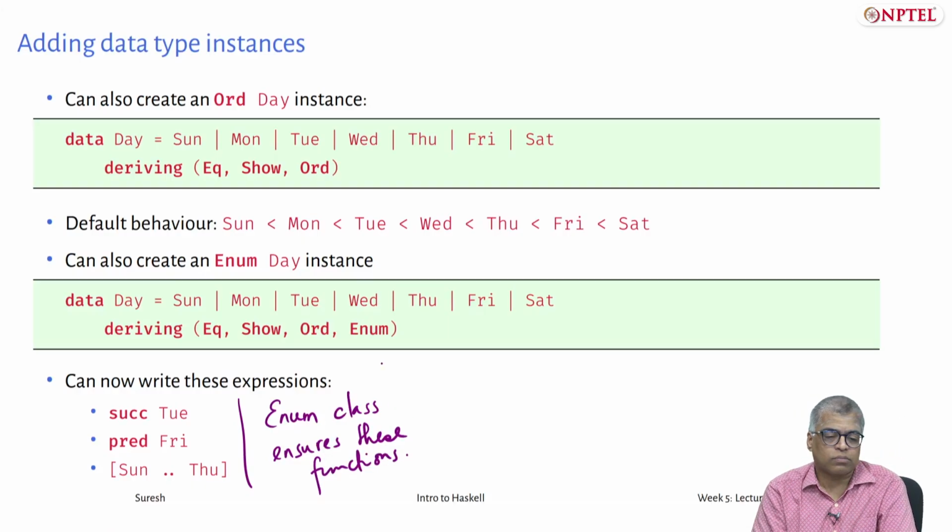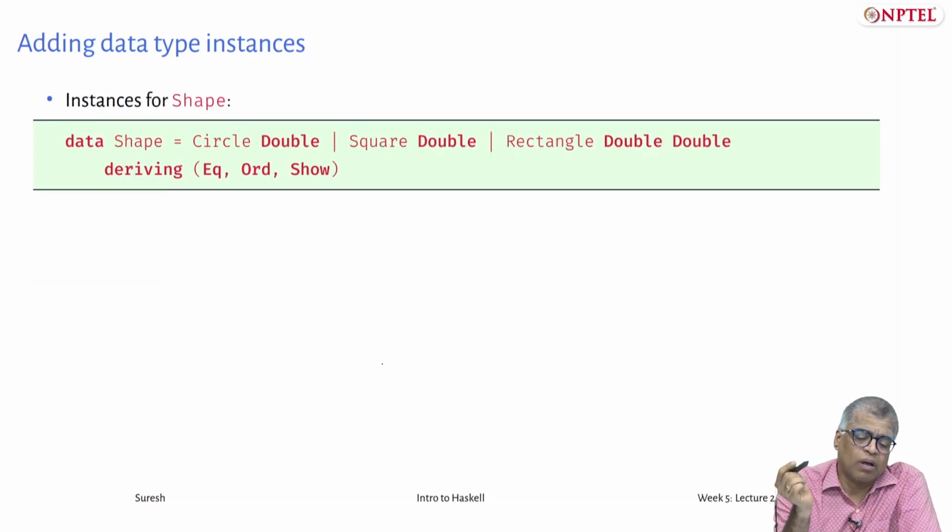Okay, good. So now we have seen the data type and how you can make it part of many, many type classes. And you can similarly do instances for Shape as well. You can say Shape is Circle Double, Square Double, Rectangle Double Double, and then you say deriving Eq, Ord and Show. These are the 3 type classes that you are deriving for Shape.